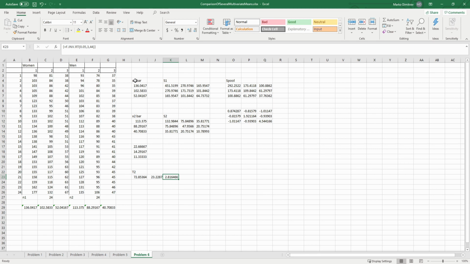Let's just check the degrees of freedom again. So degrees of freedom, 3 variables, 1 plus... and 2 minus 3 minus 1, so 48. So we see that this is larger, so we reject the null.